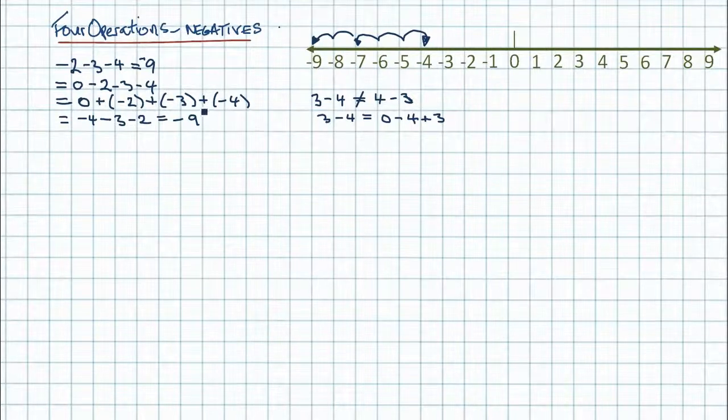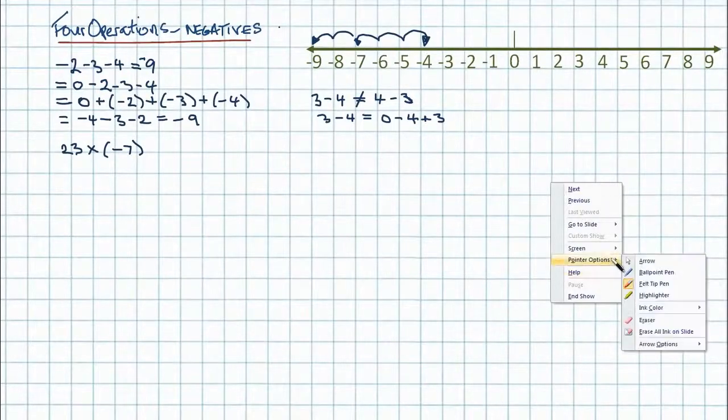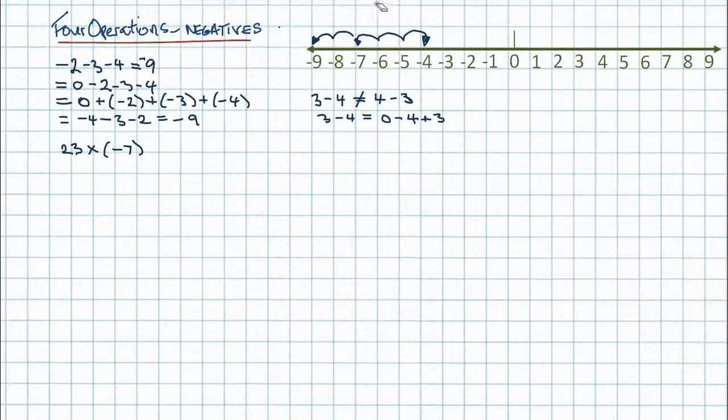Okay, let's move on then to think about multiplication. If we've got something like, let's say, 23 times -7. So 23 times 7, well, that would be a problem in itself, but we're going to say 23 times -7. So here's -7 on our number line. We'll just erase these other lines here.